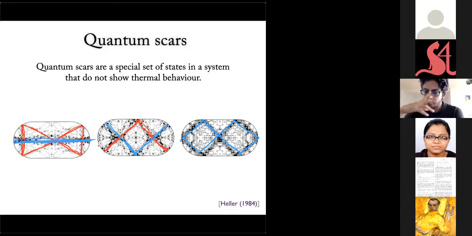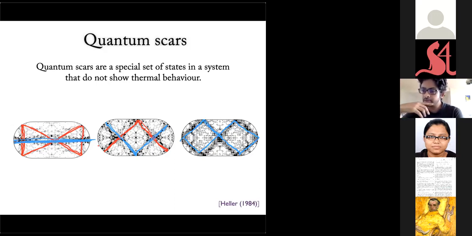So it's a bit different. When you refer to quantum scars, you are referring to a special class of states in a chaotic system usually. But in MBL, most or all of the states do not obey ETH. So when MBL happens, most states localize. That's right, that's because of the nature of the potential.